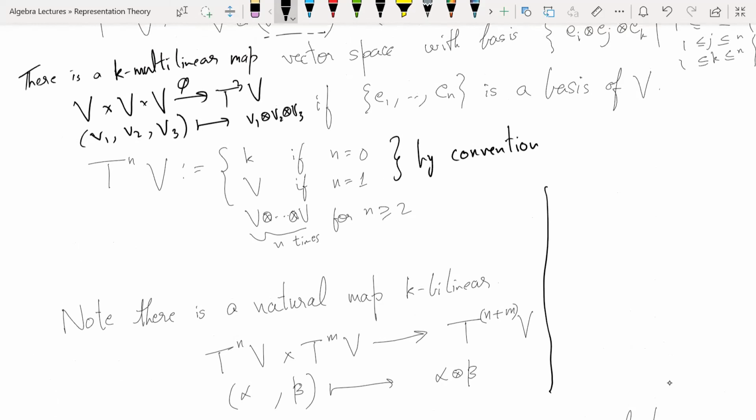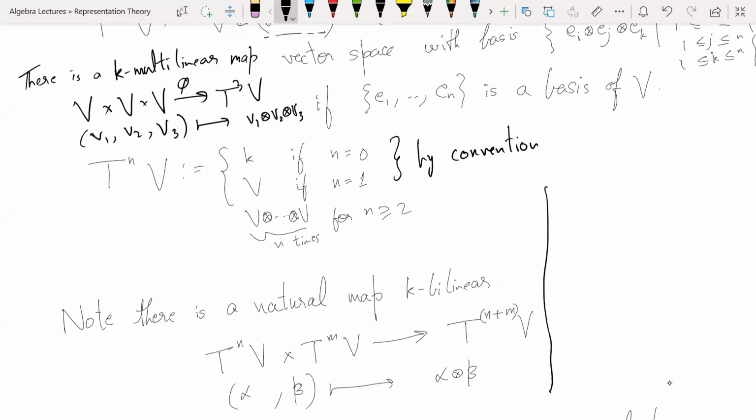It's some abstract module. But here, since you are in the vector space setup, it happens to be a nice vector space, and you can make this fairly explicit.